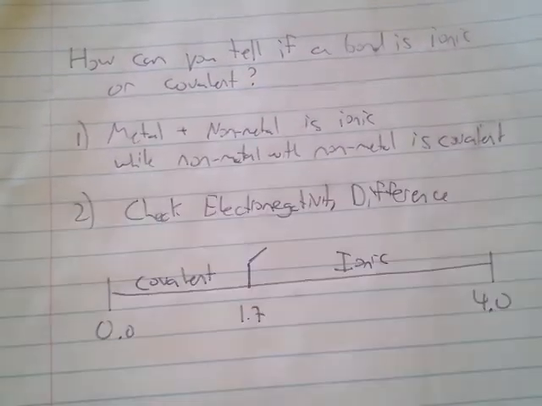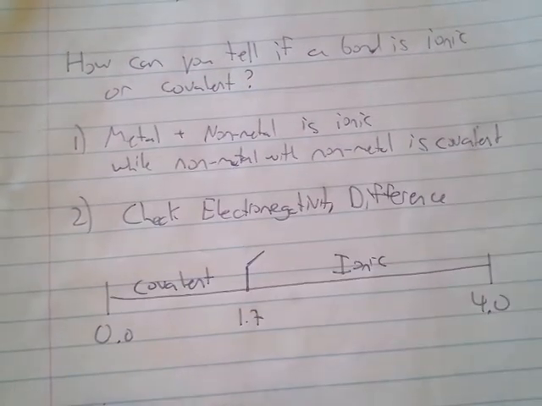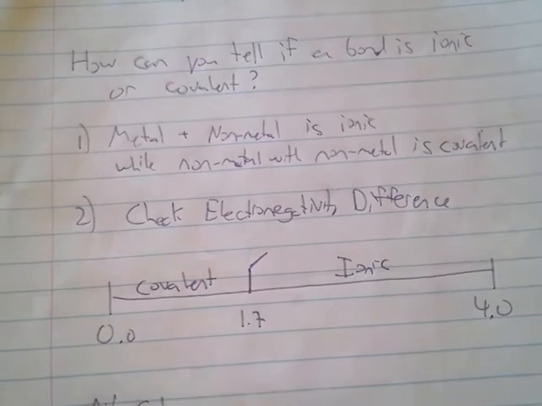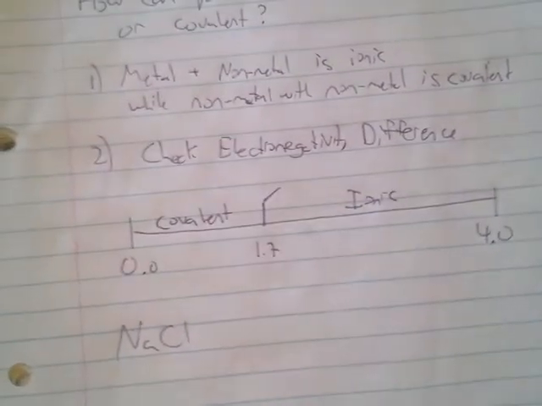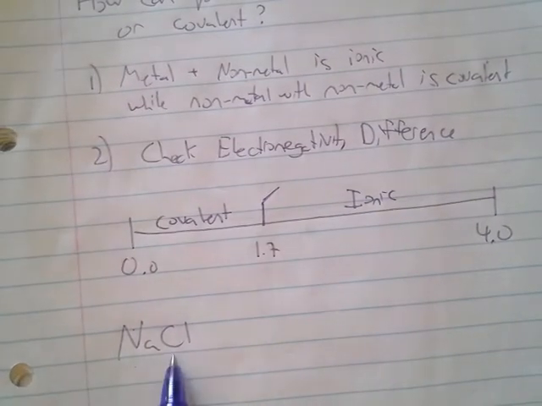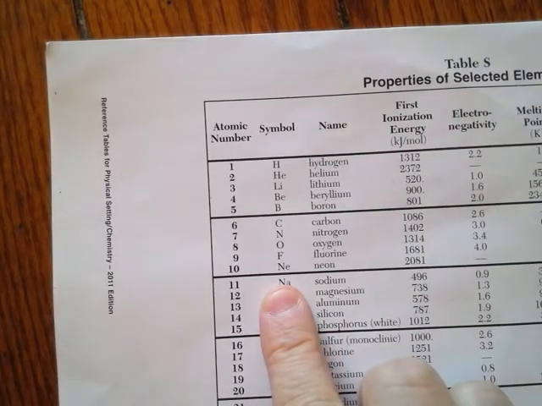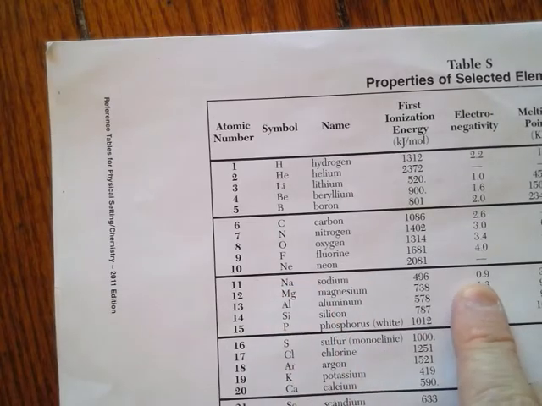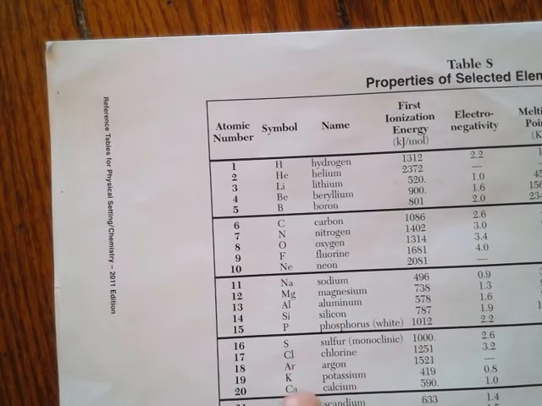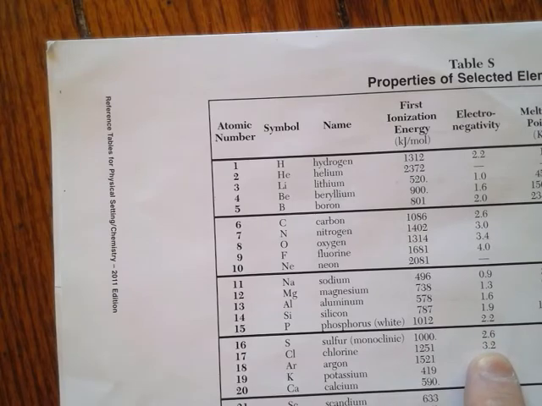So for example, let's say I wanted to know whether the compound NaCl was ionic or covalent. I know Na is a metal and Cl is a nonmetal, so clearly it has to be ionic, but let's use the system we just described. I'm going to flip to the reference table in the back and find the electronegativities. Na has an electronegativity of 0.9. Cl has an electronegativity of 3.2.